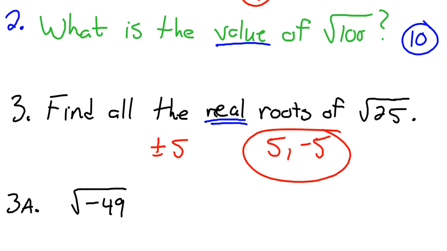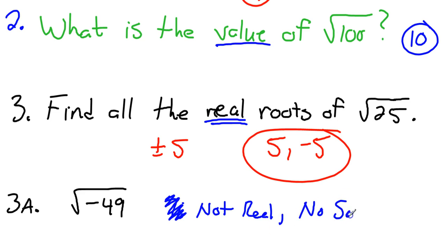So for this one, can you get a real number answer with negative 49? Now we can get the imaginary answer, right? So you could tell me it would be 7i, but they say, all right, we're not wanting that part. We're not looking for the imaginary answer. If you do this one, it's not a real number. So if it's not real, that means there is no solution.